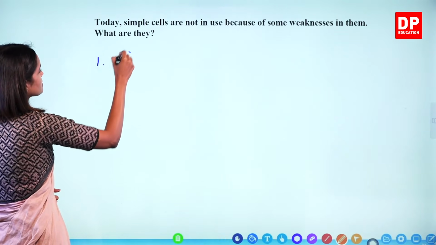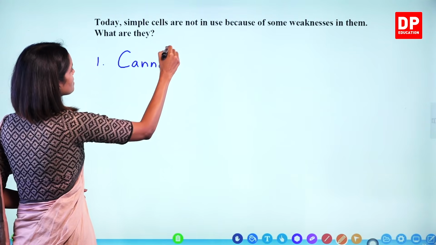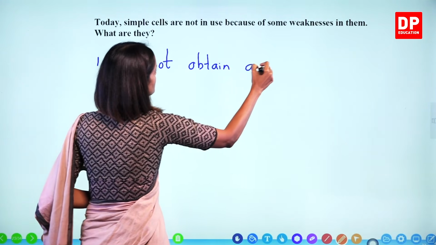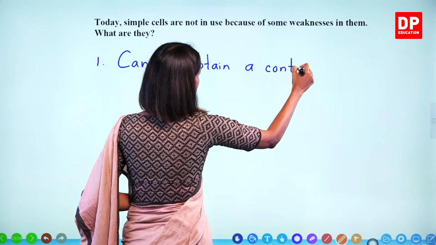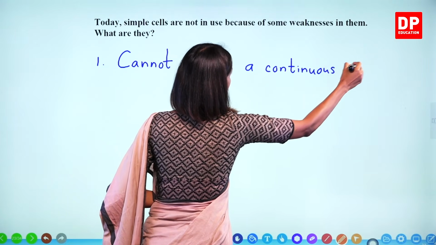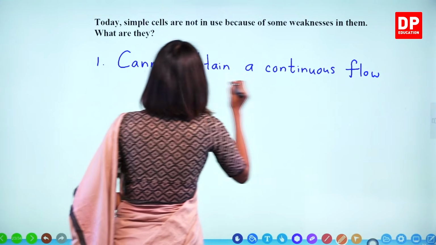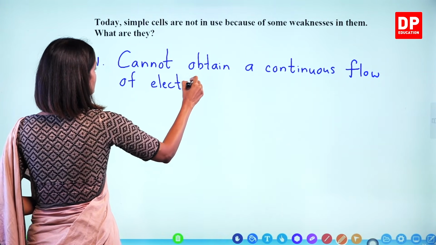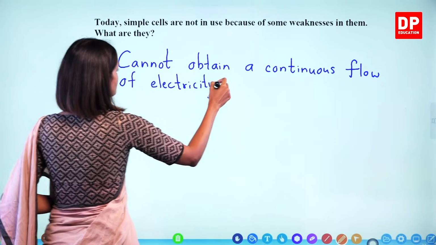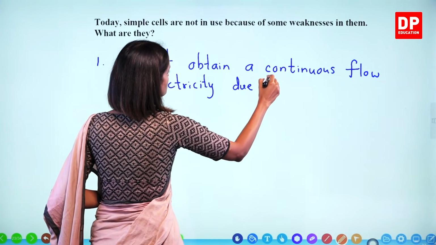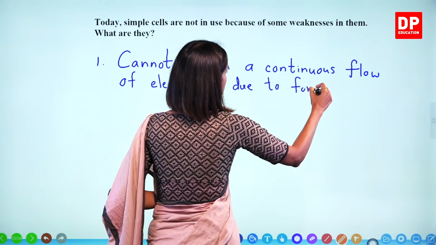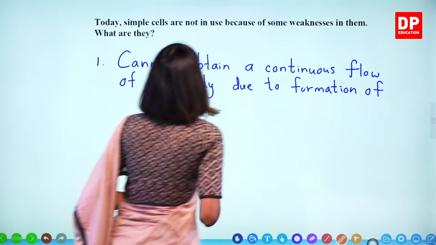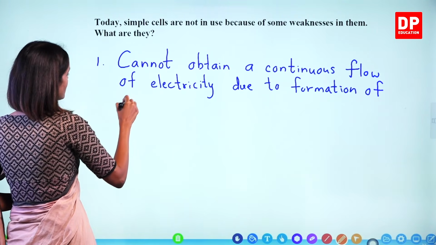Number 1. Cannot obtain a continuous flow of electricity due to formation of gas bubbles.